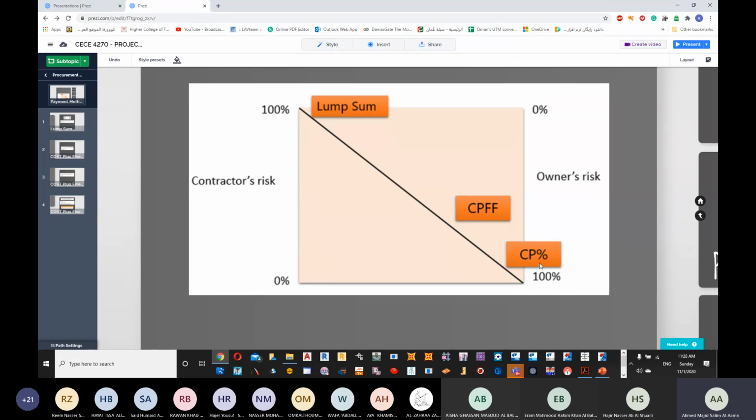Now for cost plus percentage, there cannot be any loss for the contractor. He cannot lose because it's a percentage. Whenever the cost is increasing, the value is increasing. Cost plus fixed fee, once again, whatever is the cost, there will be a fee. It cannot be negative value.